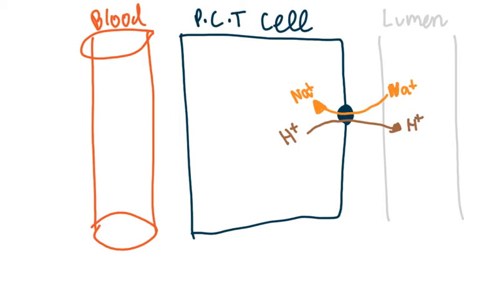Now we actually have a good amount of water inside our proximal convoluted tubule cells. So if we drew some water here, or just one for now, from the blood we can have CO2, carbon dioxide gas, that can enter our proximal convoluted tubule cell. So if we drew CO2 here, entering our cell.